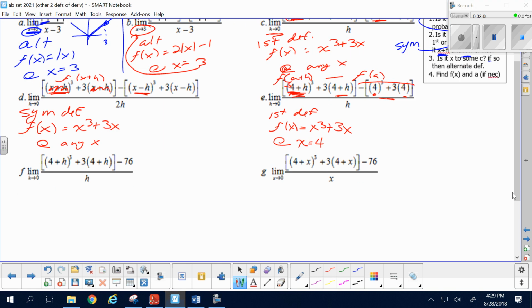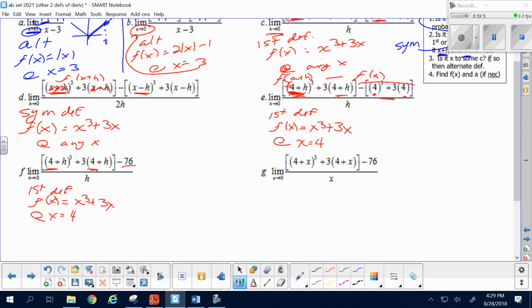All right. Last row. We have h's there, and so it feels like no x, no minus h, so it's first definition. It still looks like no x's, so it looks like at a specific point, still x equal 4. In fact, this looks very similar, and in fact it is identical to the other one.